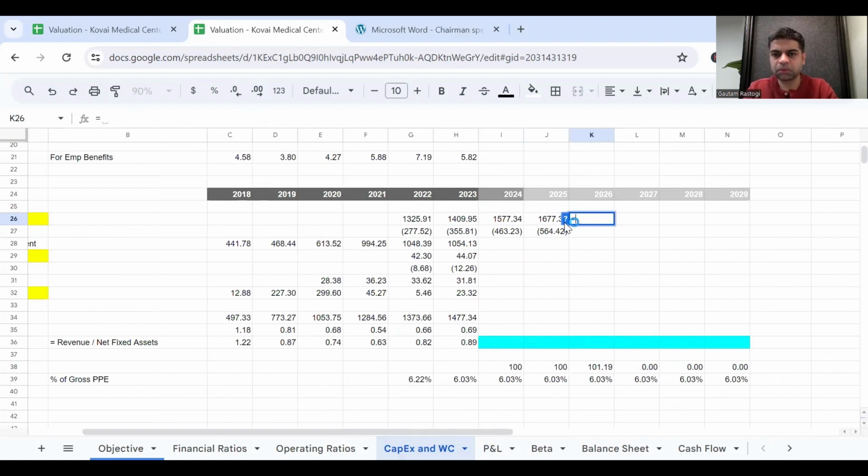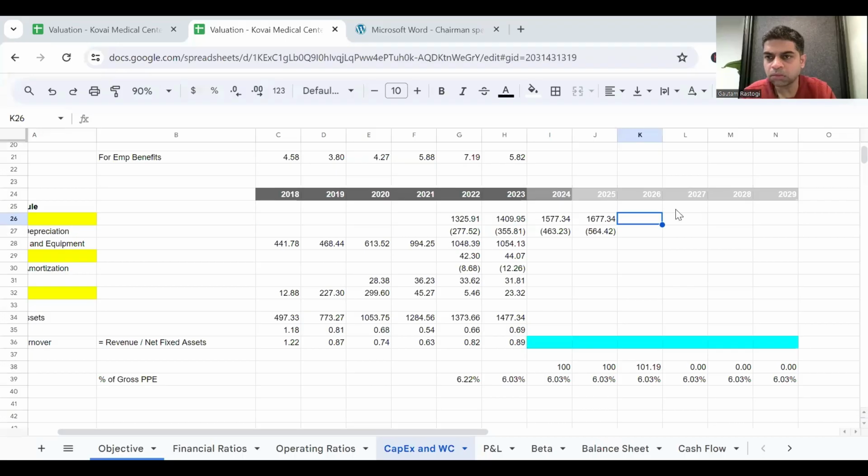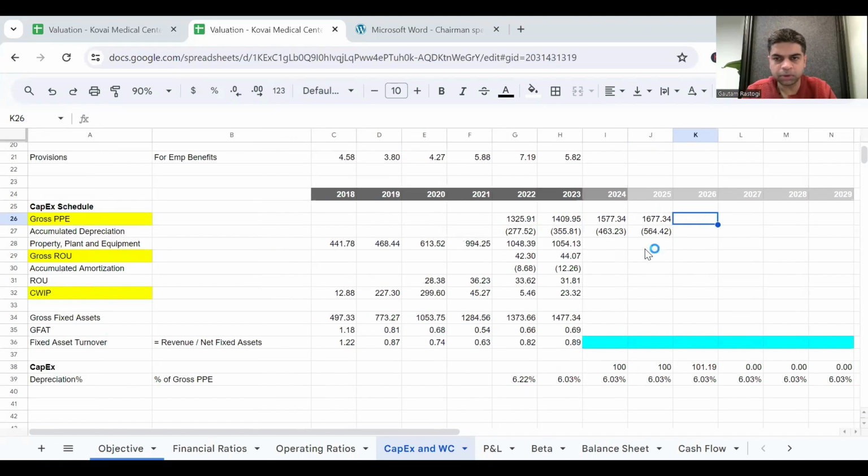So this gross PPE should be the gross PPE from prior year plus capex from this year. Let's drag this.